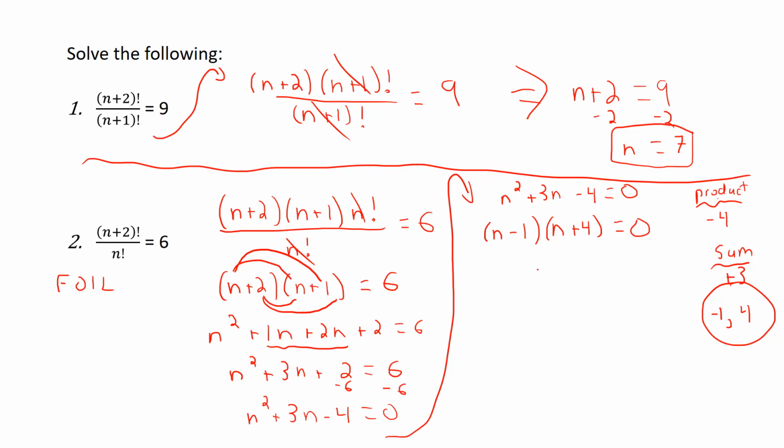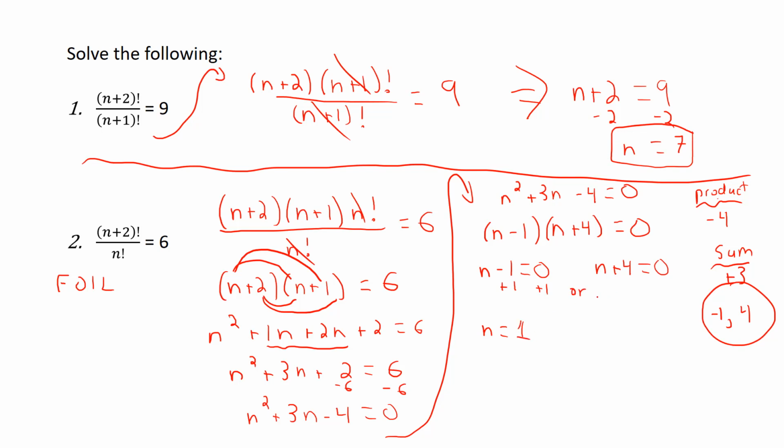And what we do to solve this one, because we're looking for an answer, is we take each of those factors and go n minus 1 is equal to 0, and n plus 4 is equal to 0, and we solve away. So we add 1 to both sides to solve for that equation, so we get n is equal to 1 here.